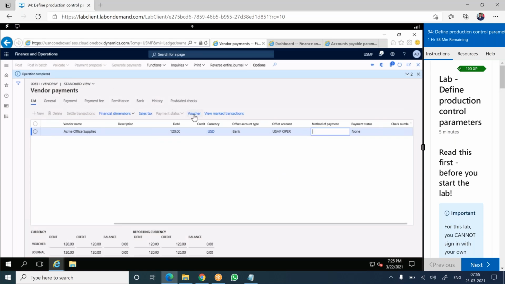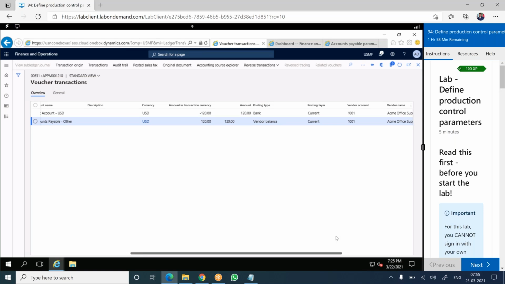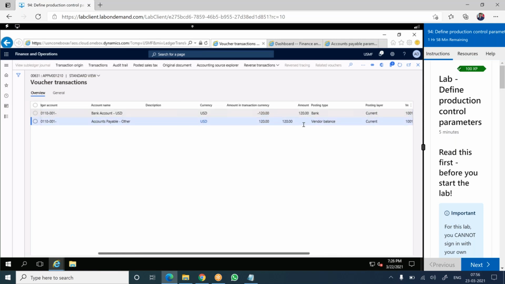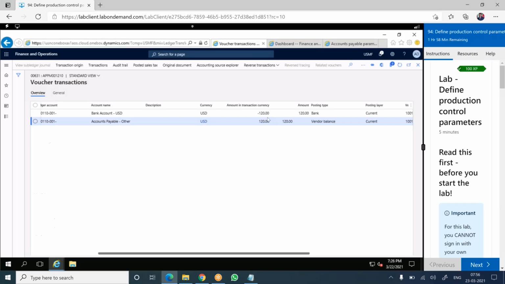Click on voucher. So here, the bank account is credited and the vendor account debited. Vendor account debit to cash or bank credit. Here it is showing bank credit.